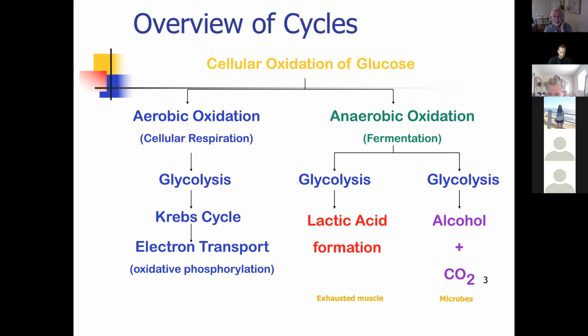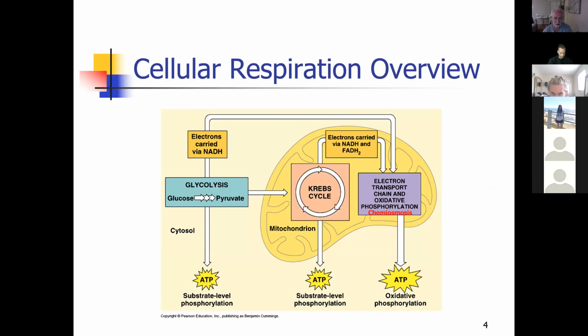If it happens in a muscle that's working hard, glycolysis produces lactic acid, and that has unpleasant consequences for we humans. So again, this is an introduction, and we'll talk more about these in detail.